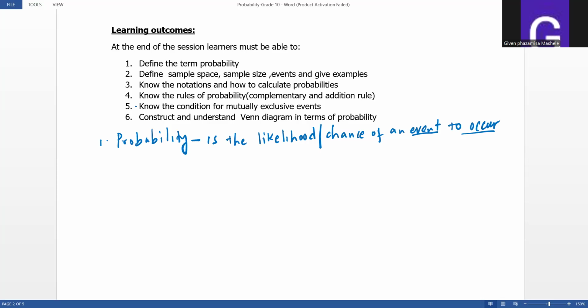Under this section of probability, we need to be able to understand what we mean by a sample space. Let's define the term sample space. A sample space is defined as the set of all possible outcomes.